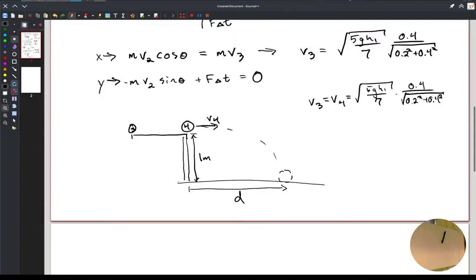So then solve for when the drop is 1 meter, and that gives you a time. And then time times that v4 is going to tell us total distance.